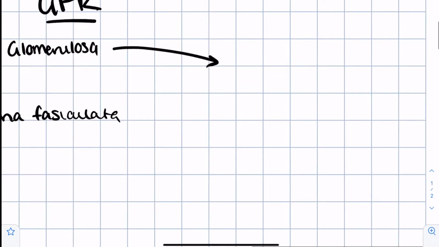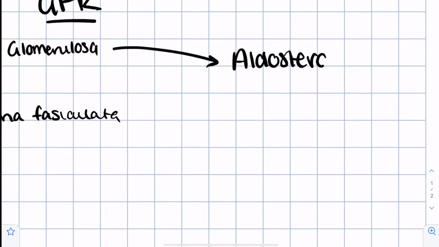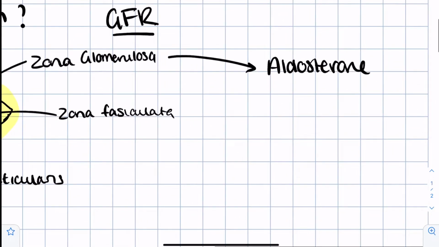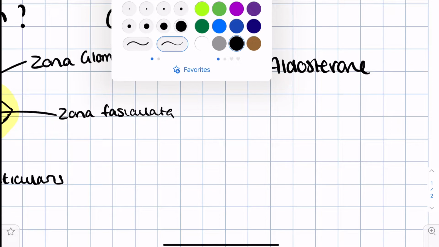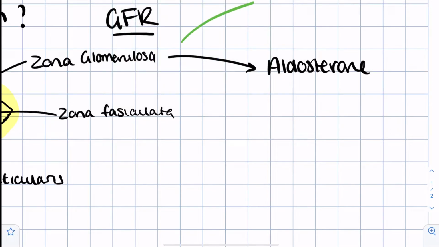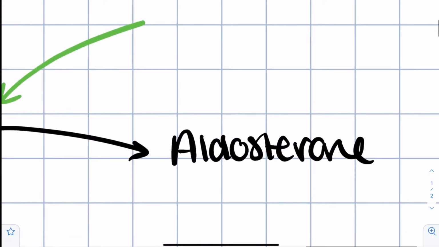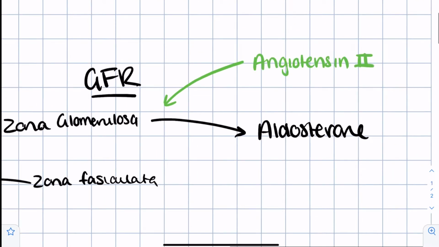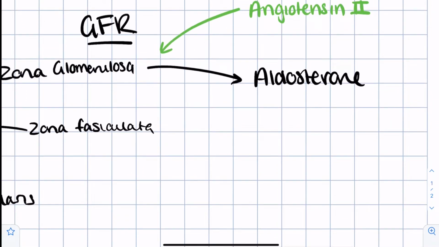So it's the outer layer that secretes aldosterone. Okay, so the aldosterone making cells of the zona glomerulosa, and that is actually promoted by another hormone called angiotensin 2. Okay, and there's a whole video that we can make on that.